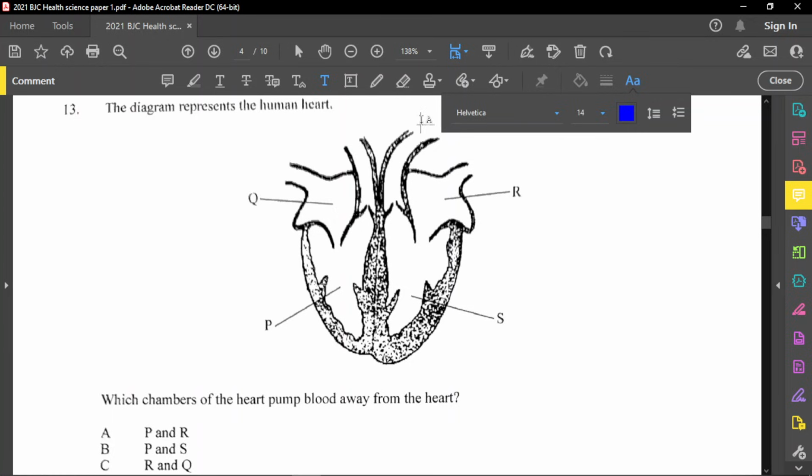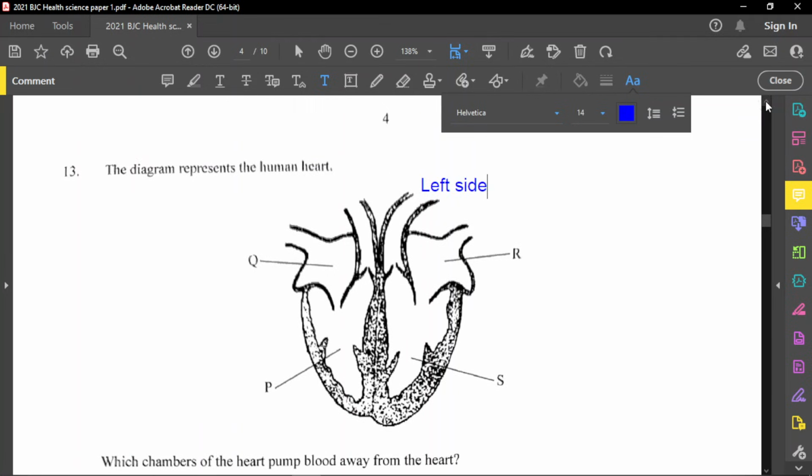Let me come down a little bit more so we have some space to see. That's the left side. And on this side, your left hand will be on this side, so this side is going to be your right side. Remember, when you look at the diagram, it's the opposite for your hands, once you're facing the diagram.